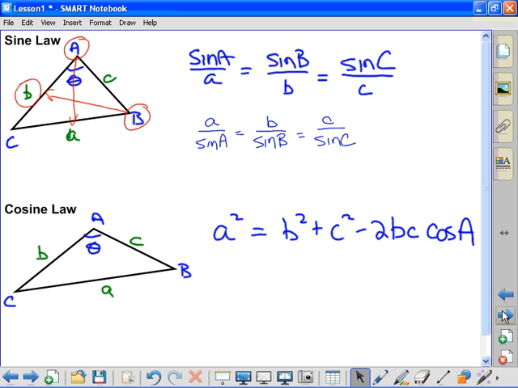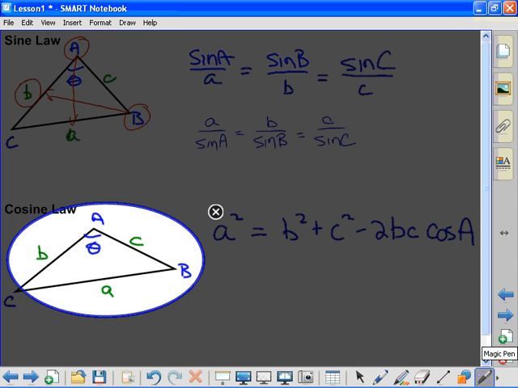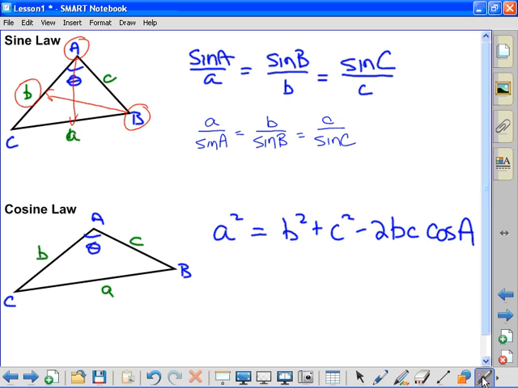Cosine law. Triangles are labeled in the exact same fashion as for sine law, making sure you've got everything labeled. And really, I always tell people there's only one cosine law formula. It's a squared equals b squared plus c squared, etc., etc. You do not need to remember b squared equals c squared, because all I do is rename the corners and adjust the triangle accordingly. Some of you will know the angle or the missing angle using this formula.